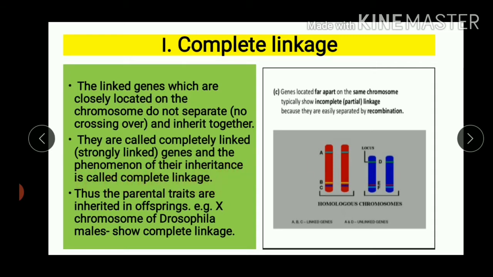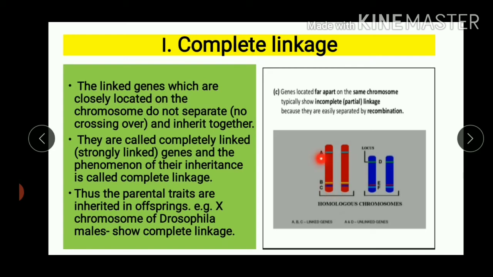In this diagram, you can see that A, B and C, these three genes are present on the chromosome. B and C are present very close to each other. So definitely there are more chances of these two genes being inherited together in the offspring. So complete linkage will take place.